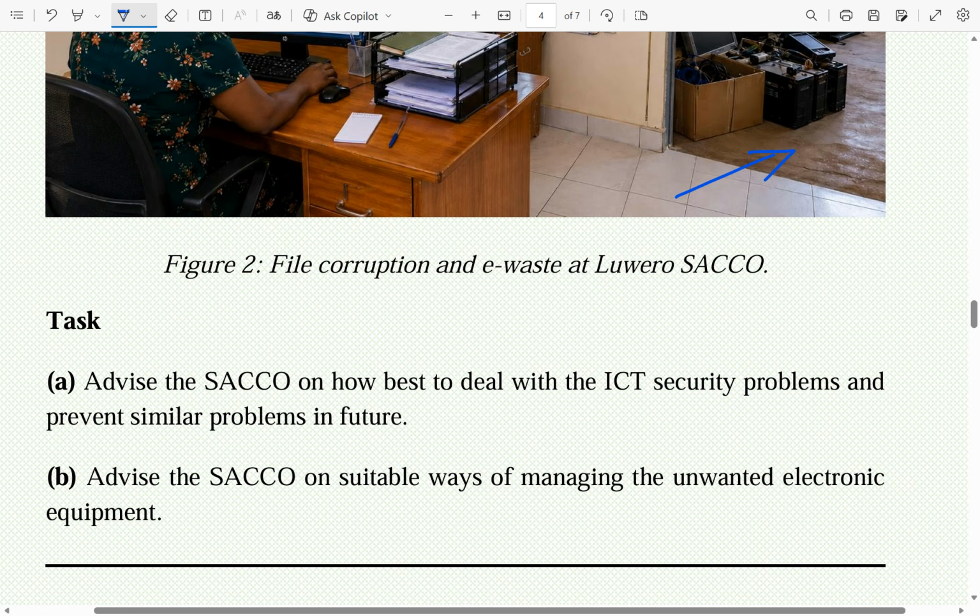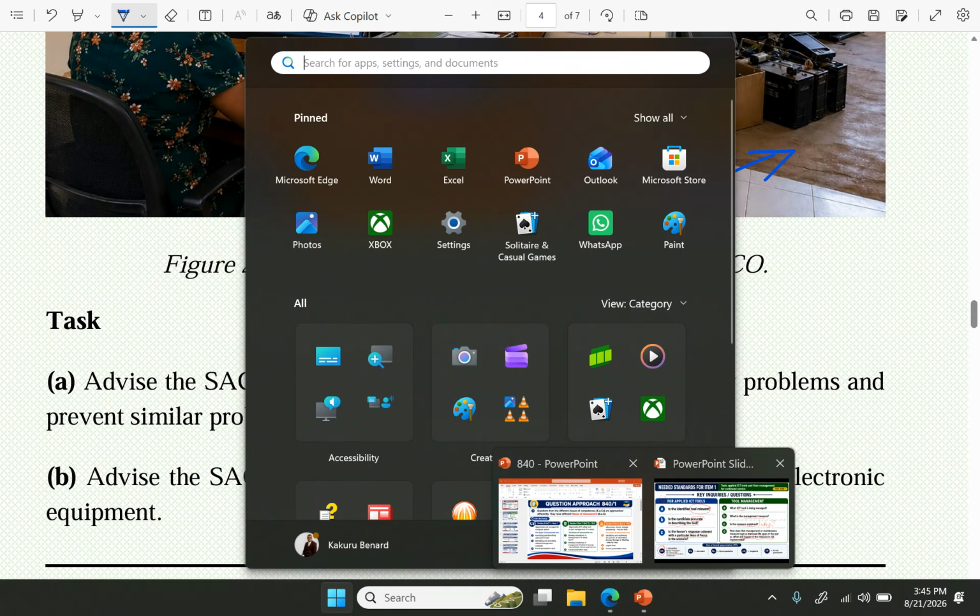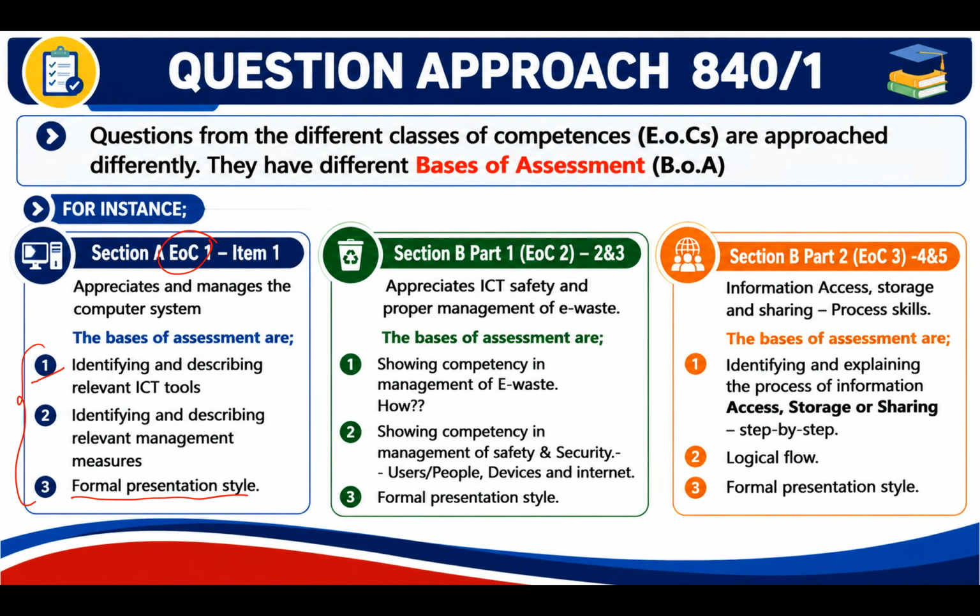Now, when it comes to item 2 and item 3, from our presentation here, we come to section B, part 1, which is from the second element of construct, which forms item 2 and item 3.